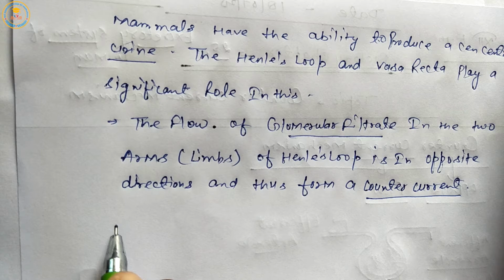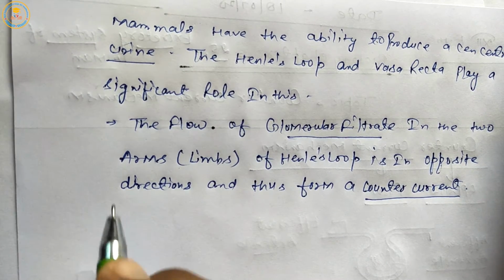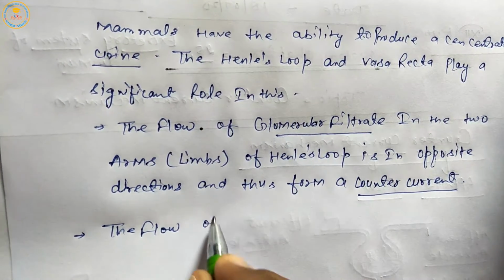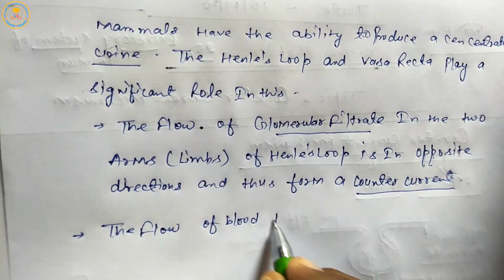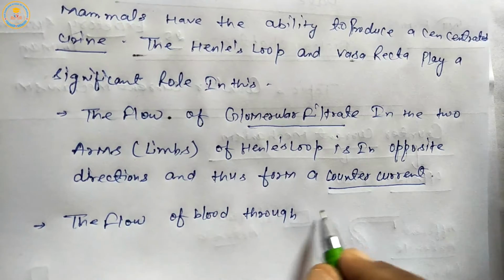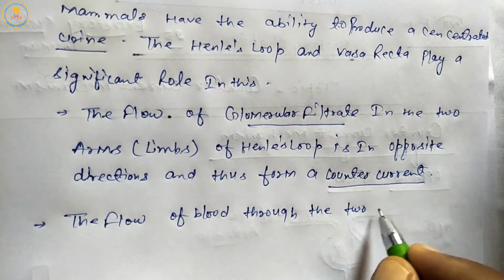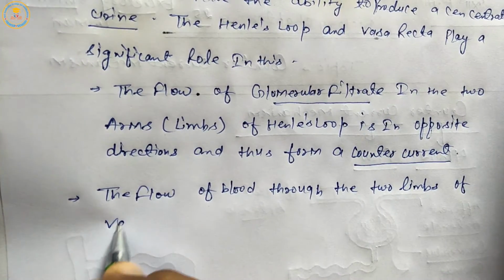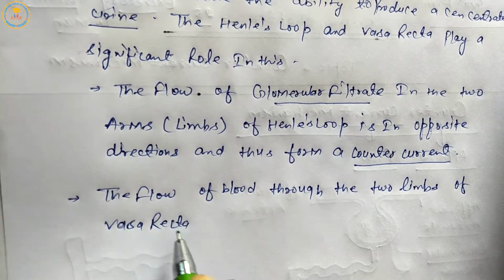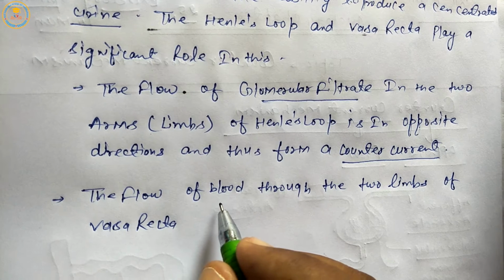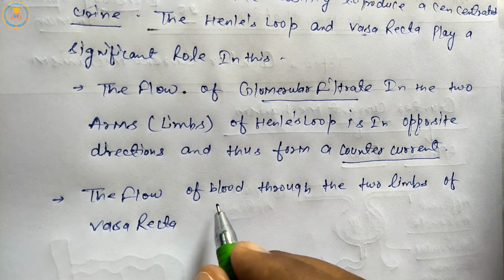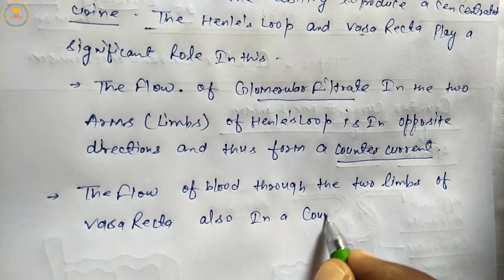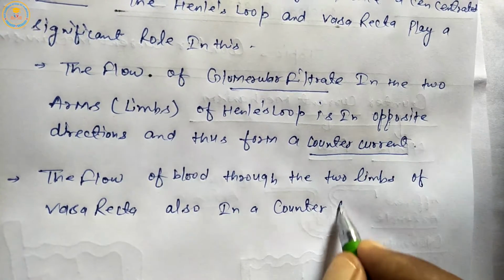Second, the flow of blood through the two arms or two limbs of vasa recta is also in a counter current pattern.